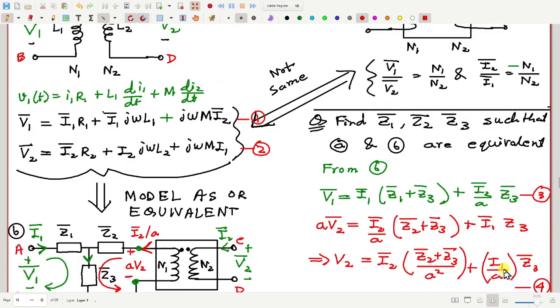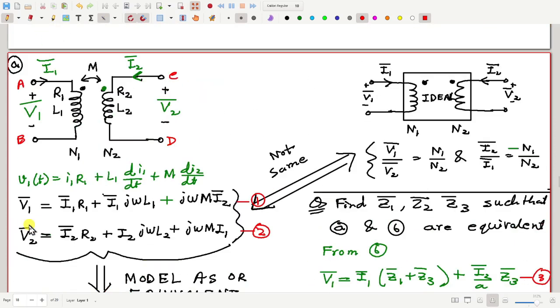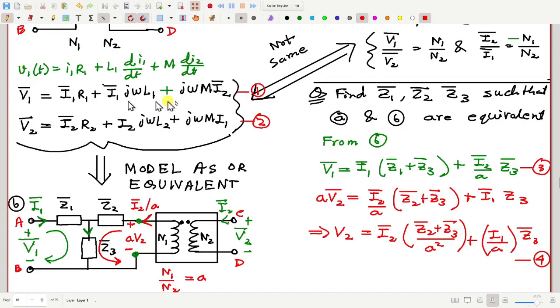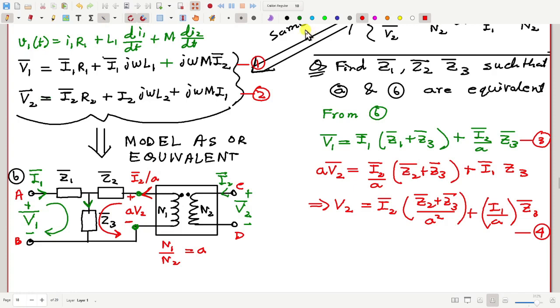Now we want circuit B and circuit A to be equivalent. For that, what do we need? We need equation 1 to be identical with equation number 3, so the expression of V1 should be identical for these two circuits. Similarly, equation number 2 should be identical with equation number 4. That's what we want. Now let's see what we get from there.